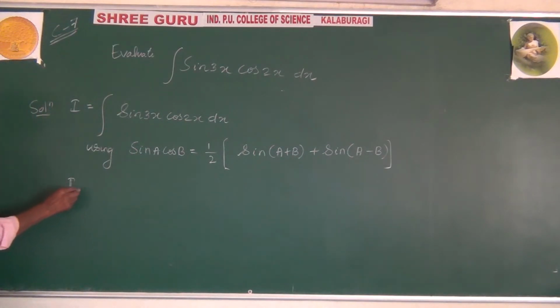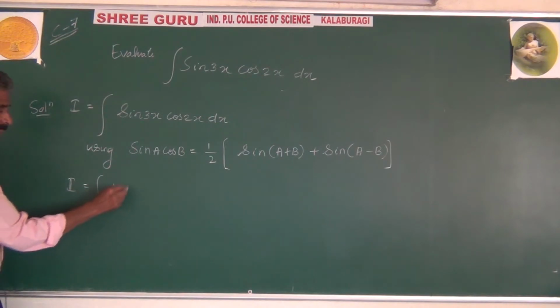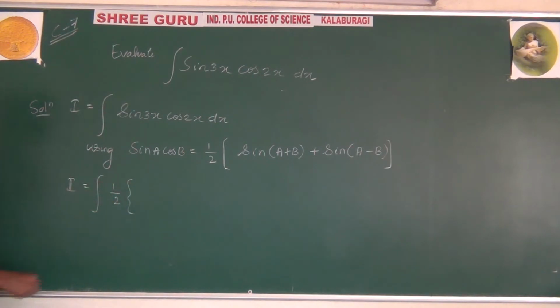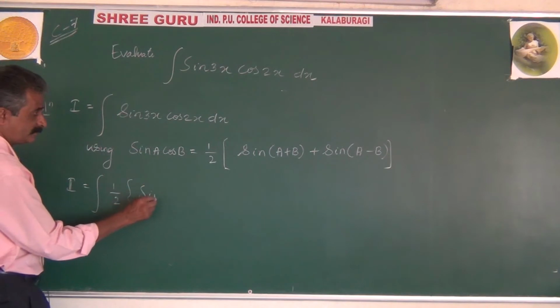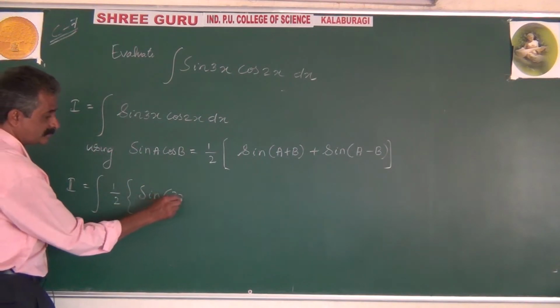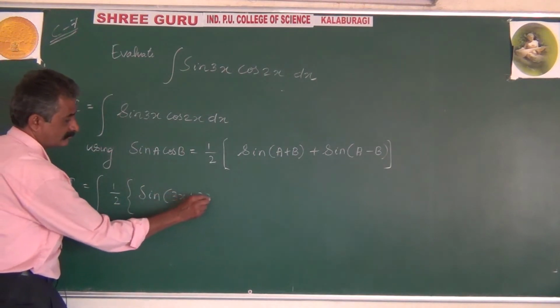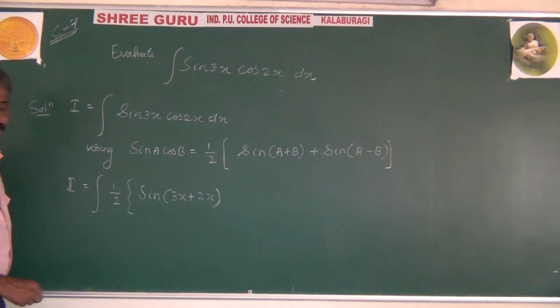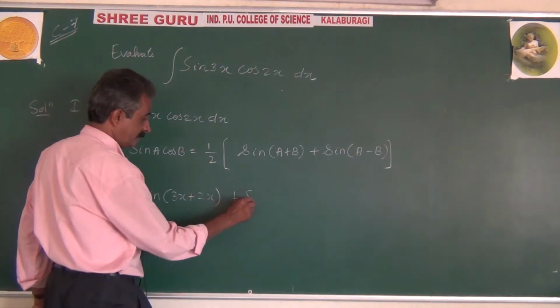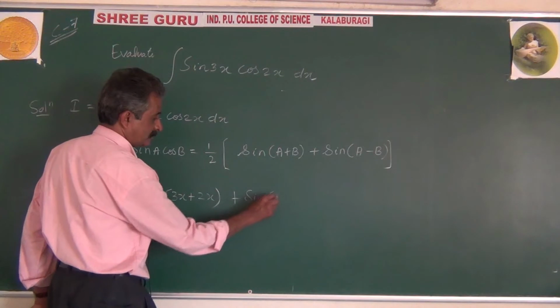Hence now I becomes integration 1 by 2 bracket sin 3x plus 2x plus sin of 3x minus 2x.